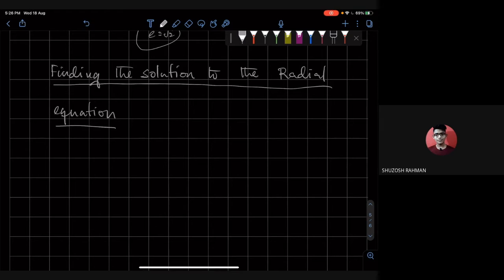In a previous lecture, we defined psi is going to have a part which is, say, the radial part, R of r, and an angular part, let me call it Y, and it'll be theta and phi.